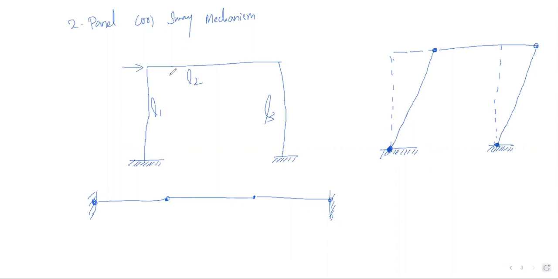Third one, Gable mechanism. Gable mechanism is nothing but if I have a sloped roof in the frame, then we can have our Gable mechanism like this. Now these lines are all straight lines.